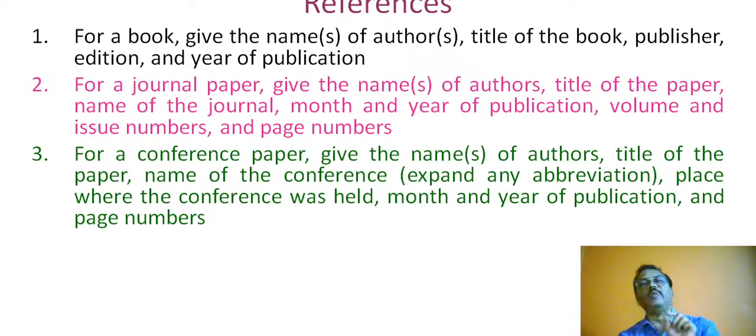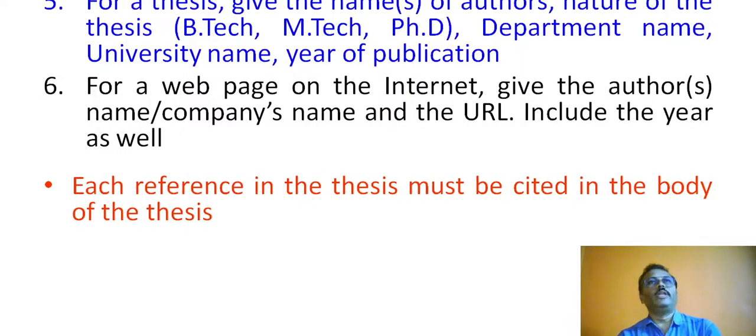So the main point here is that the total information has to be mentioned, including the DOI. For a thesis, give the name of the author, the nature of the thesis, department, university, etc. For a web page, try to include where it is available and the date and time when you referred to it.